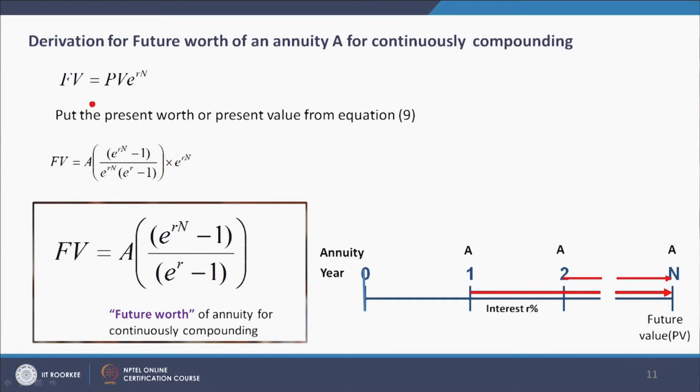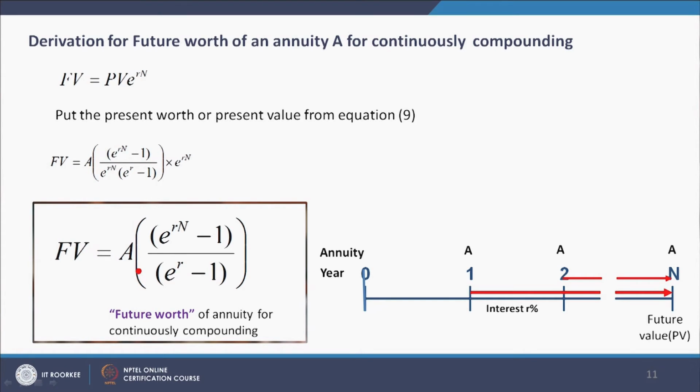Now, let us see the derivation of the future value of an annuity A for continuous compounding. Obviously, we are not deriving it from first principles. We are using the equation FV is equal to PV e to the power rn. Now, PV can be written as A into (e to the power rn minus 1) divided by e to the power rn into (e to the power r minus 1), and when we multiply this part with this, this cancels out.